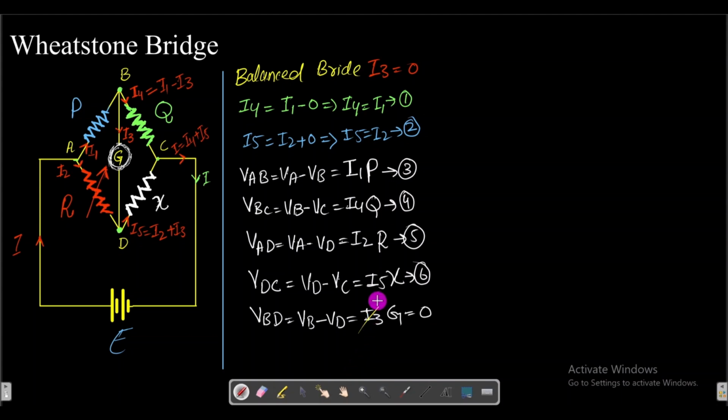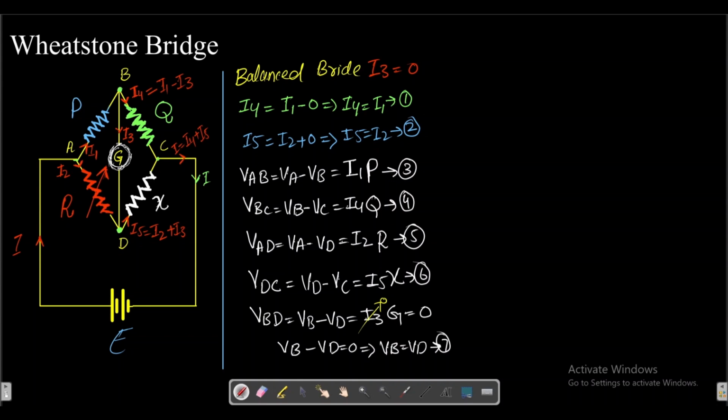So VB minus VD is equal to 0, which implies that VB is equal to VD. So this is equation 7. Up to here we have found the potential difference in each part of this balanced bridge.